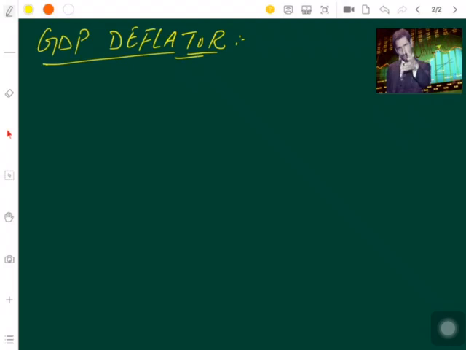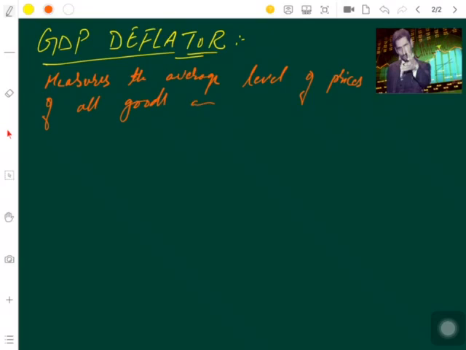GDP deflator is a tool which measures the average level of prices of all goods and services that make up GDP.